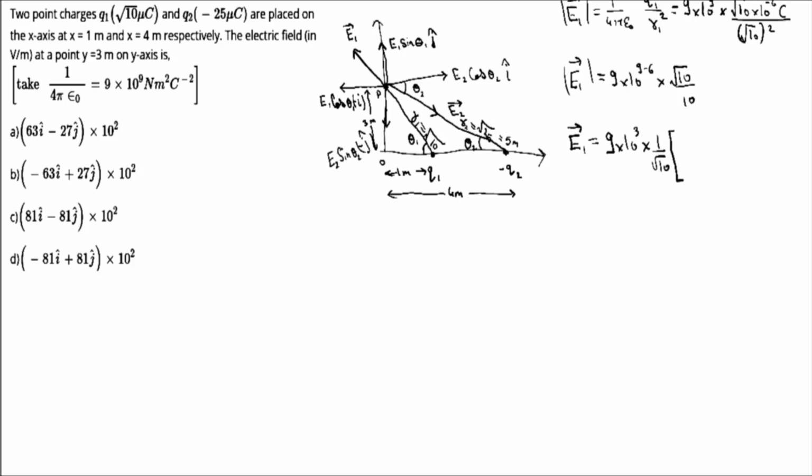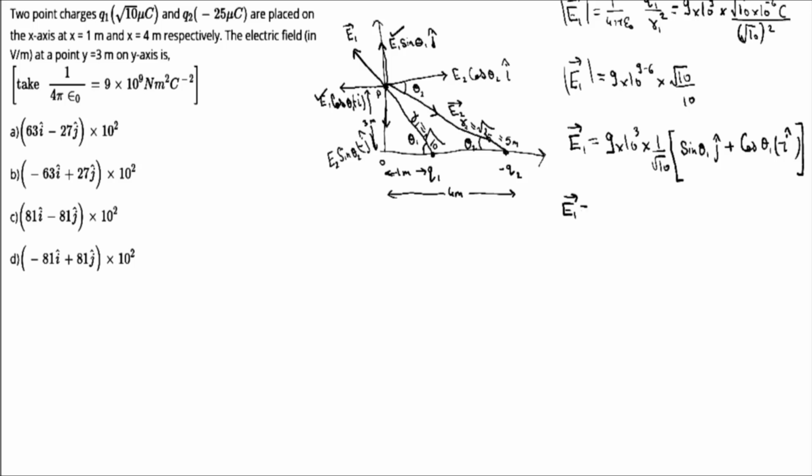So these two components we have are sine theta 1 j cap plus cos theta 1 minus i cap. We can see the situation in the diagram. We are talking about this and this unit vectors. So this is the situation we have.